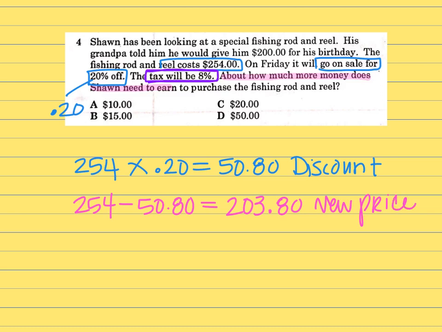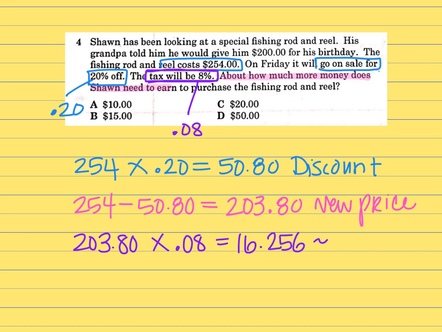I'm going to take the new price, $203.80. I'm going to times it by the percent of tax. 8% turns into a decimal of 0.08. And that equals 16.256. So basically, we're going to round that up for money to say it's $16.26.